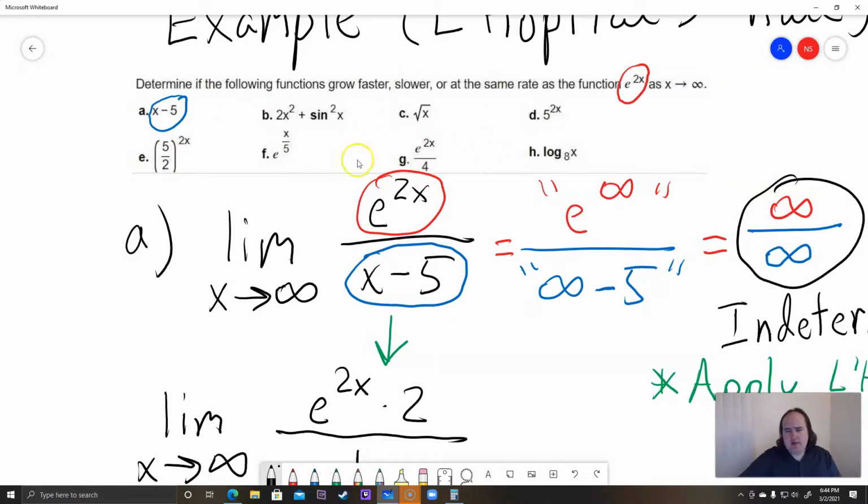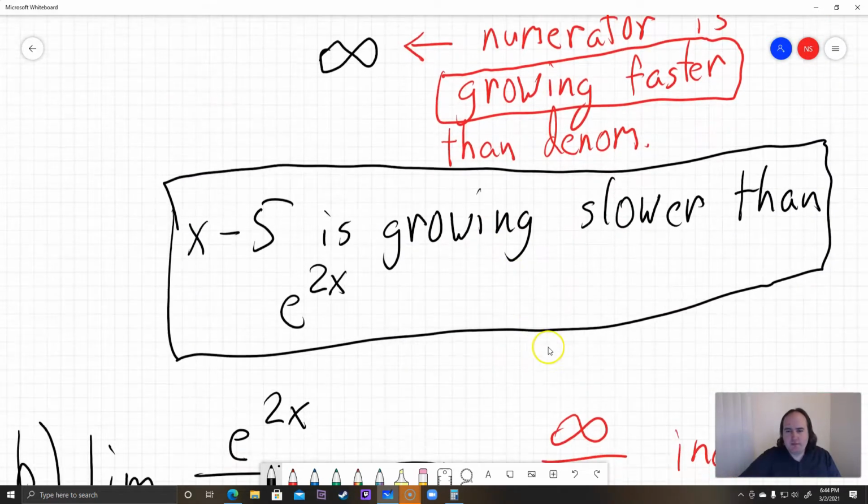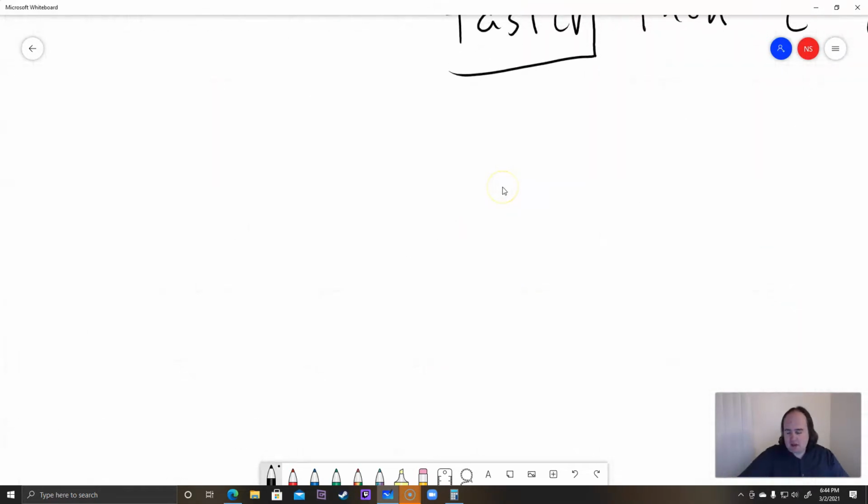It's similar to these problems. I don't think we have the log base 8 of x, but most of the other ones are similar. So I do want to jump to part G and do an example of that, but I think you can handle part E and part F here. So let me jump to part G, because that's the last one with a new trick in it.